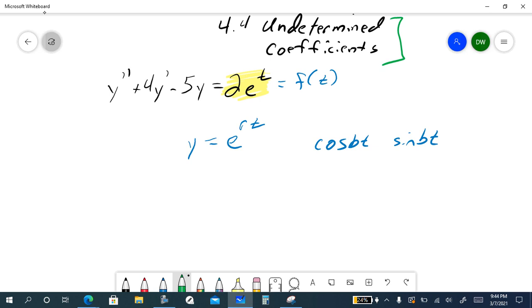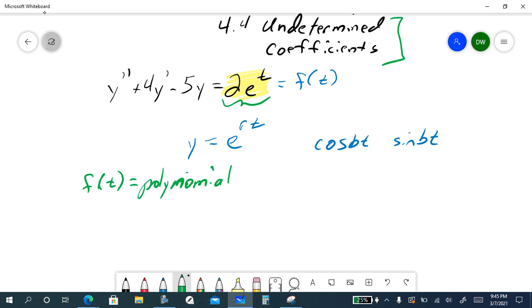Now, before we go on and actually solve some, let's talk about what type of functions we can have on the right and use this method of undetermined coefficients. If our right side, we'll call that f of t, is a polynomial, then we can use the method of undetermined coefficients for that.